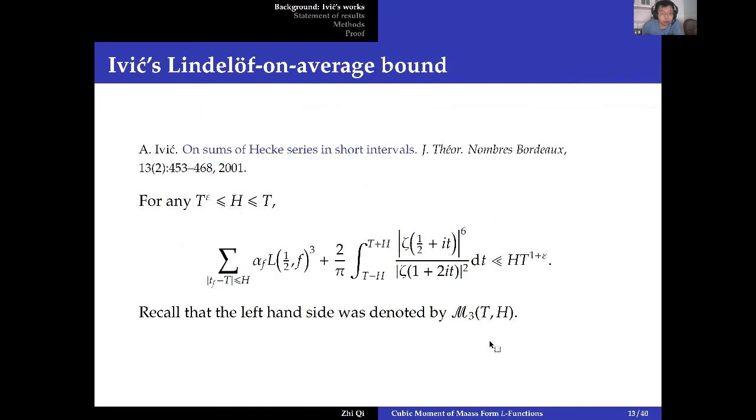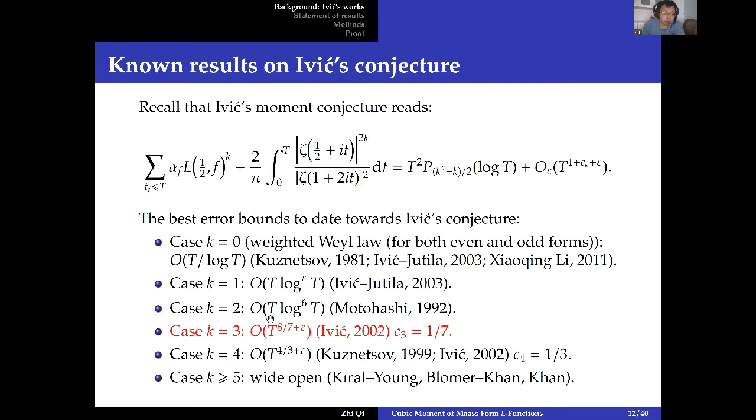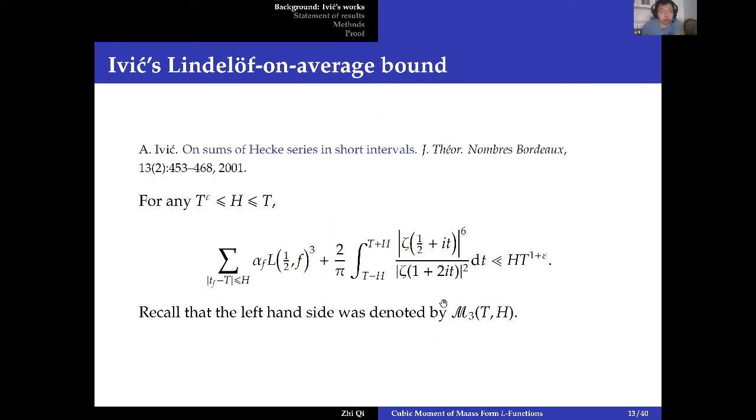Okay, so in this talk, I will talk about the k equal to 3 case. Actually, I'm going to prove that this C3 is equal to 0. Okay, and another related work of Ivic is his Lindelof-on-average bound.